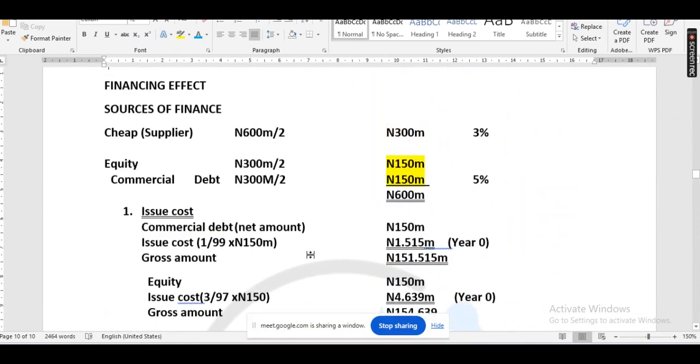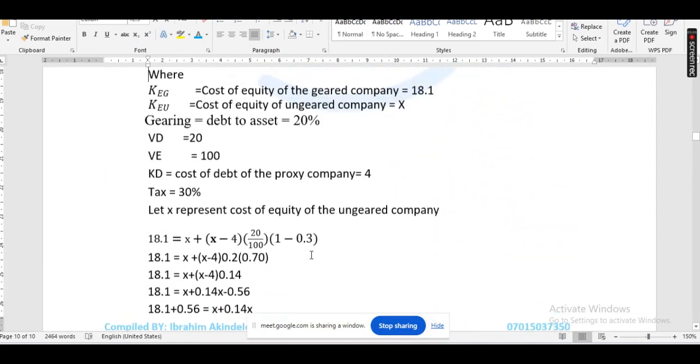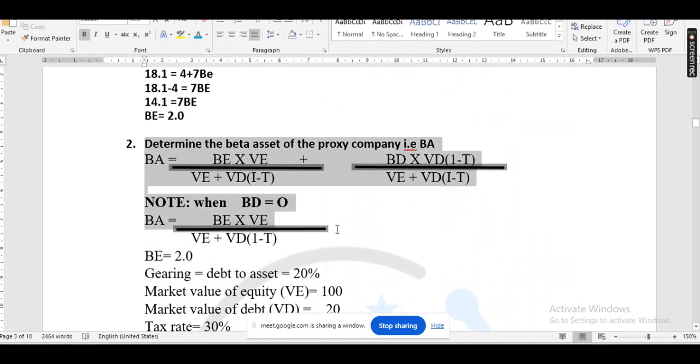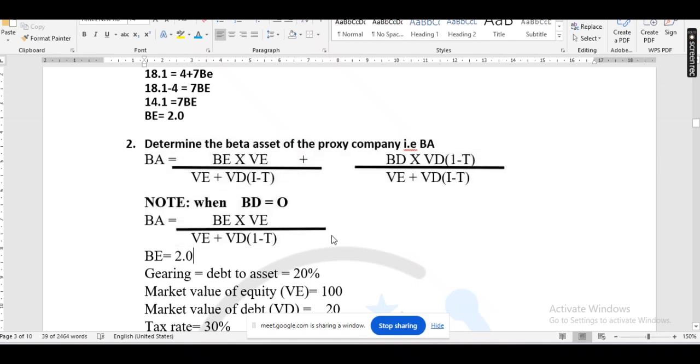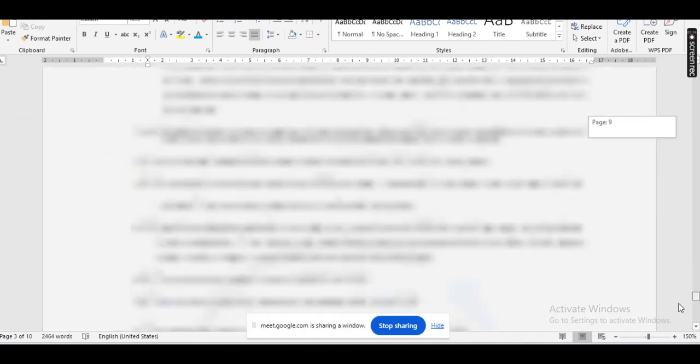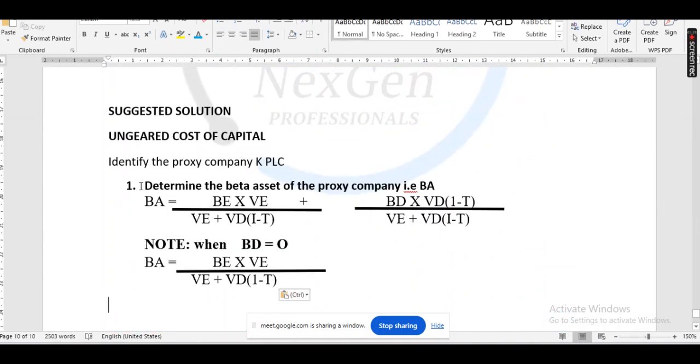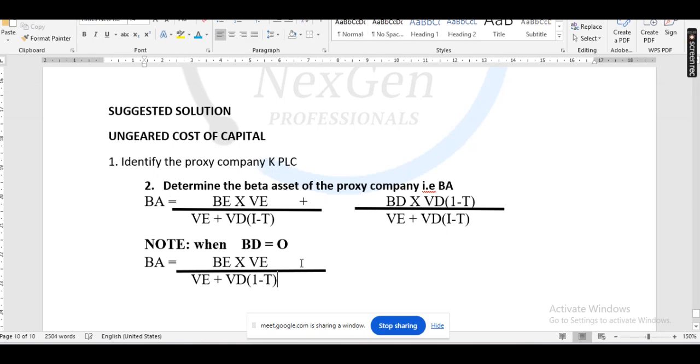Asset beta. So now, if you want to determine the asset beta, we need the BE and VE.